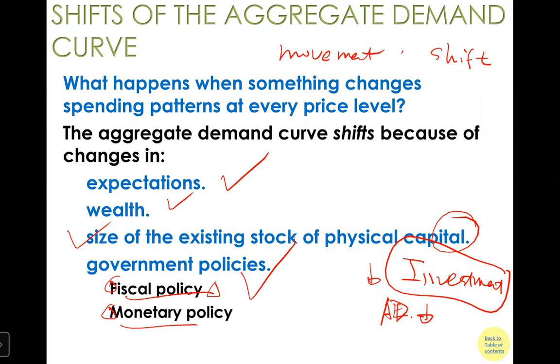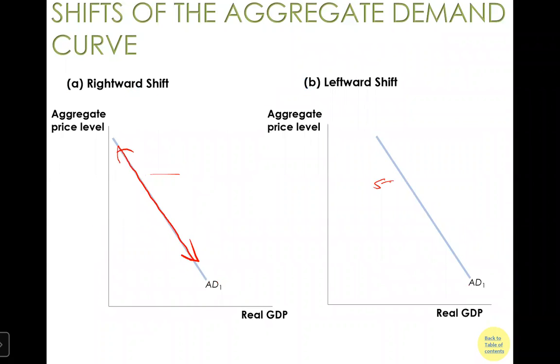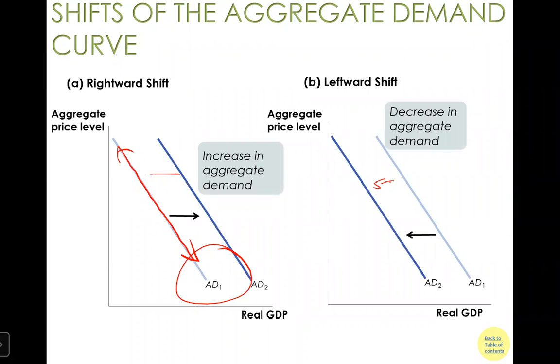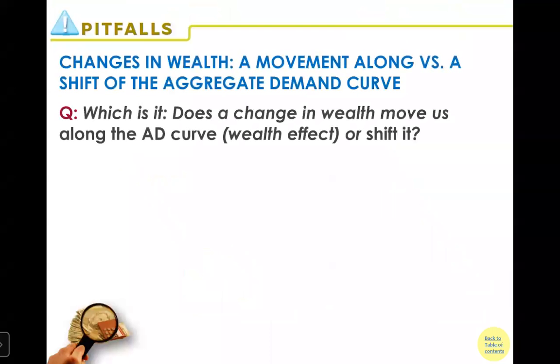So those are government policies. To summarize, we have aggregate demand, and there are factors that cause aggregate demand to increase or decrease. But we also want to differentiate between a move along the curve versus a shift of the curve.